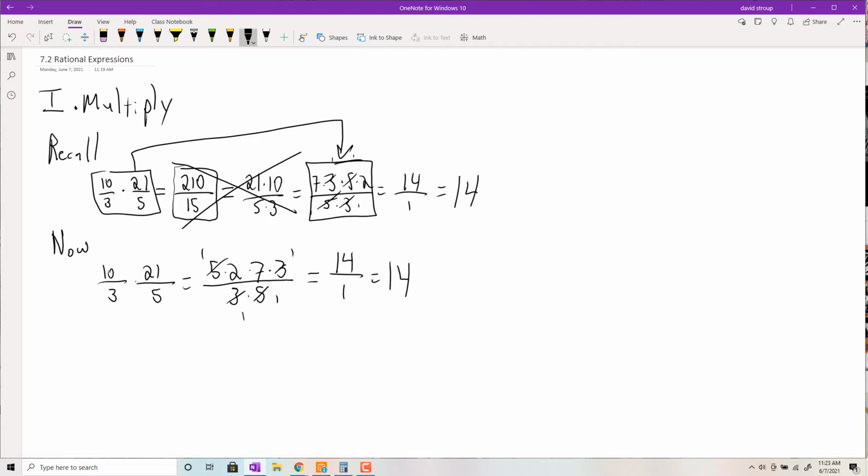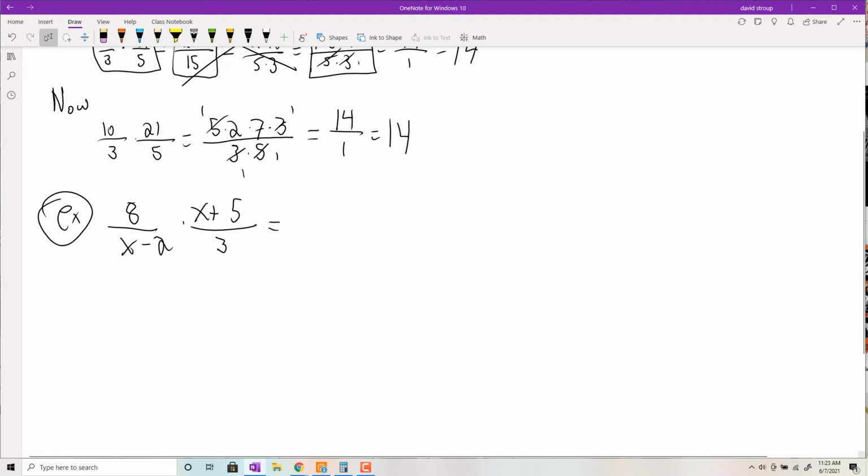So let's take a look at some examples. Sometimes the examples are what they call trivial, like they're so easy, they kind of defy logic. And this is one of those. So it's probably not the best problem to start with, but this is just straight multiplication. There's not going to be any simplification. In the numerator, you have 8 times x plus 5.